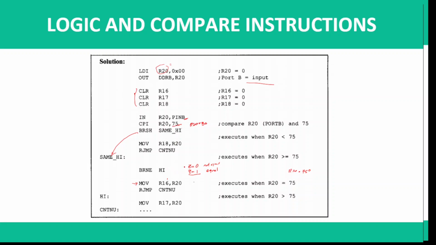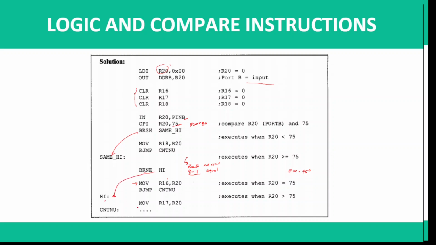So, 5 meaning our Z now is equal to 0 because our output is not equal to 0. It is having a value of 5. So, Z is equal to 0. So, it is not equal, Z is equal to 1. So, it will now go to high na loop.